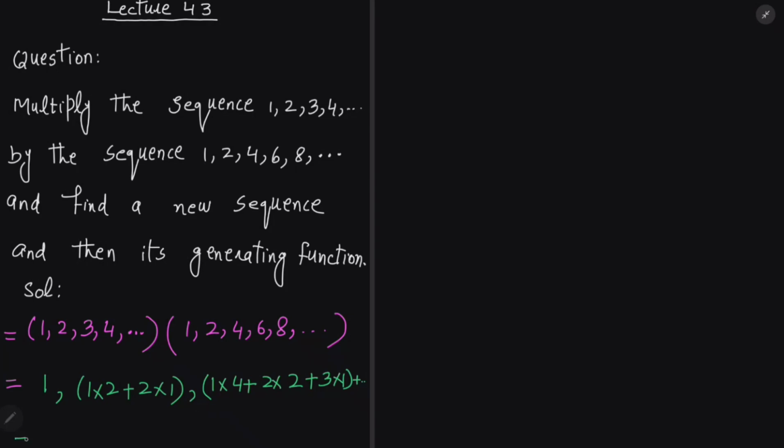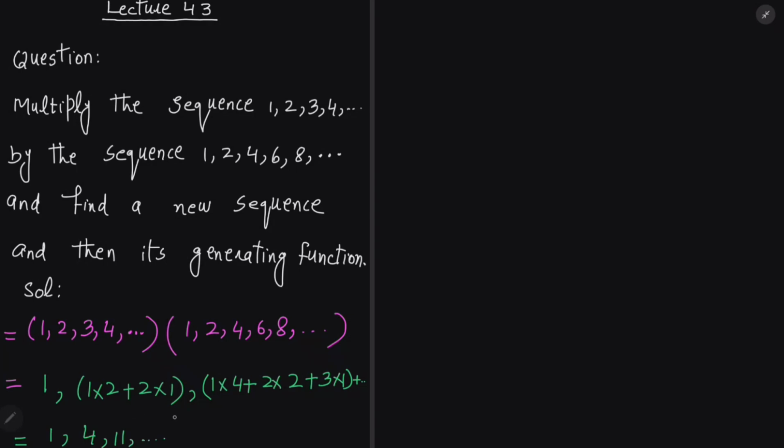So here the sequence is 1, 4, and 11. That is the new sequence we have over here. You can just multiply these together.